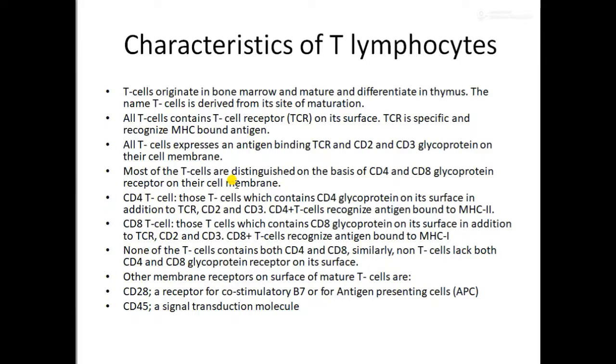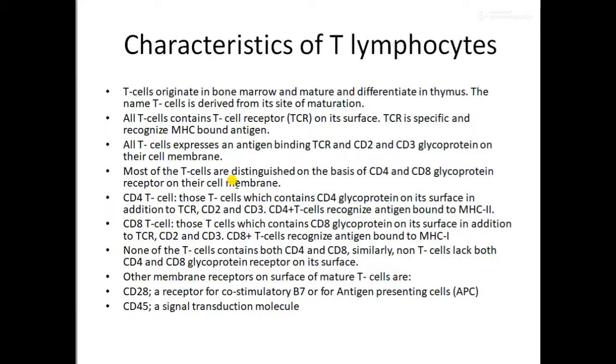Now, all the T cells express an antigen binding T cell receptor and CD2 and CD3 glycoprotein on their cell membrane. There are lots of proteins or receptors attached, and most T cells are distinguished based upon the presence of CD4 and CD8 glycoprotein receptors on their cell membrane.